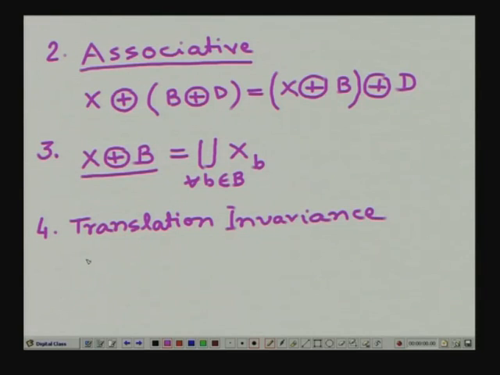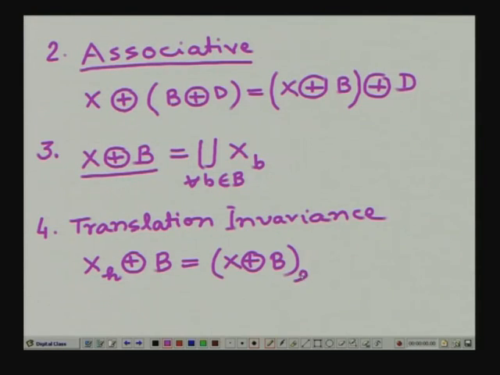What it says is that if the given image X is translated by a vector, say h, and this translated point set is dilated with the structuring element capital B, this will be the same as X dilated with capital B, and this dilation output is translated with the same vector h.